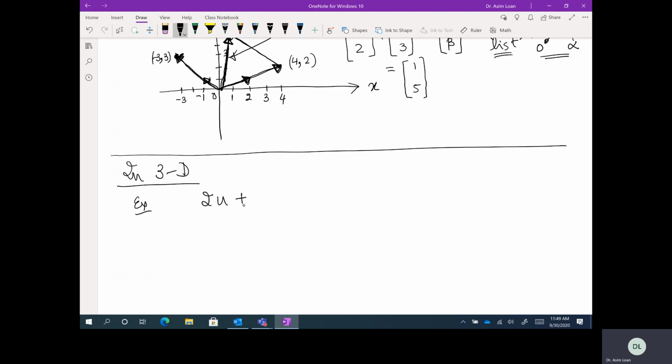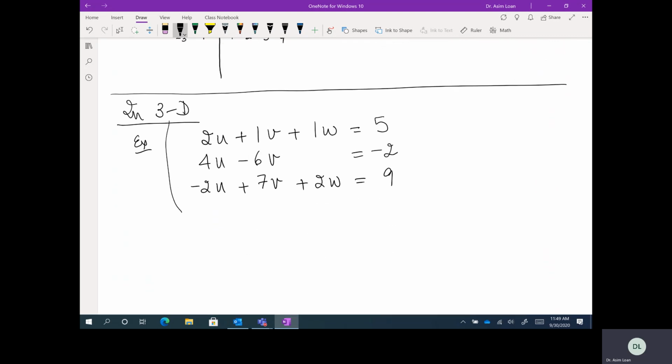So 2u plus 1v plus 1w equals 5. 4u minus 6v, there is no w here, equals minus 2. And then I have minus 2u plus 7v plus 2w equals 9. So in 3D, the equation of a plane with zero thickness. A plane is one which has no thickness.